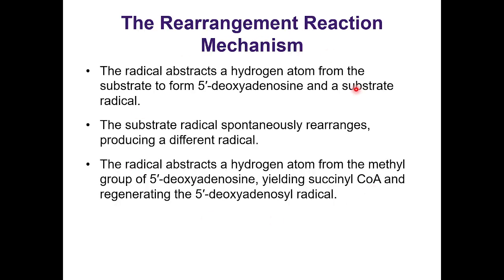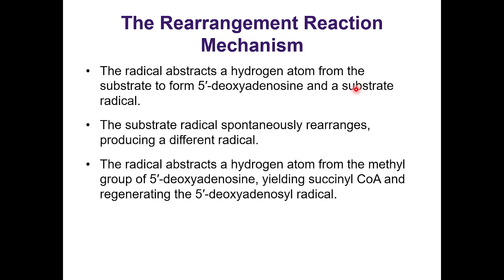The radical abstracts a hydrogen atom from your substrate to form the 5' deoxyadenosine and a substrate radical. The substrate radical spontaneously rearranges, producing a different radical. Remember, these radicals are highly, highly reactive, okay? These things are going to have rearrangements all the time.